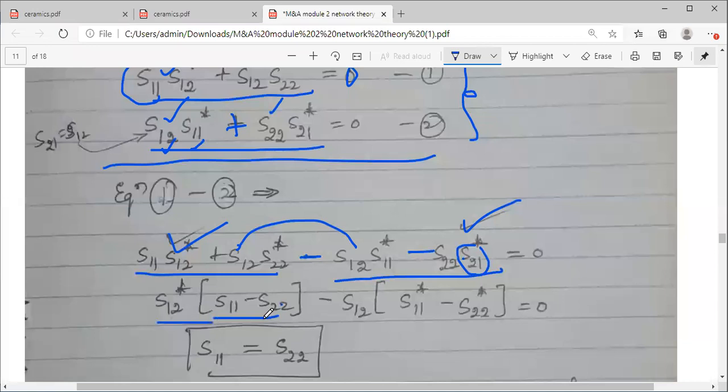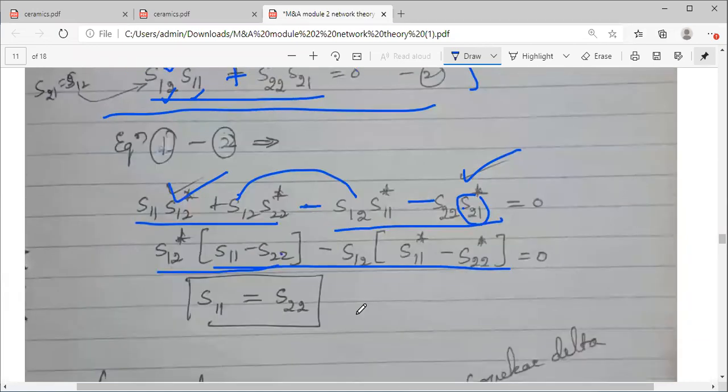Now how is this equation valid? आप इसको कैसे प्रूव करोगे? ये LHS, this should be equal to 0. Okay, when this will be equal to 0, try to analyze. Suppose अगर आप ये टर्म को 0 कर दिए, S12 star, okay, 0 multiplied by anything will be 0. ये जो फर्स्ट टर्म है ये 0 हो गया.